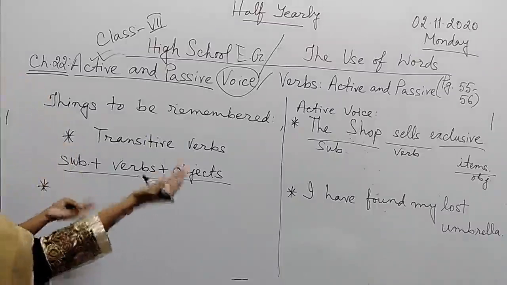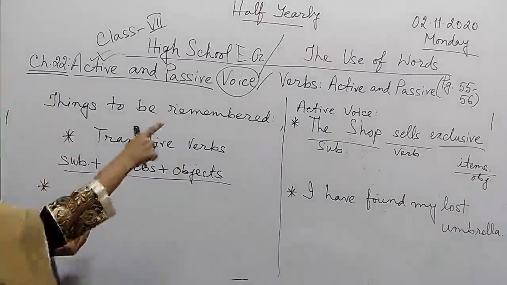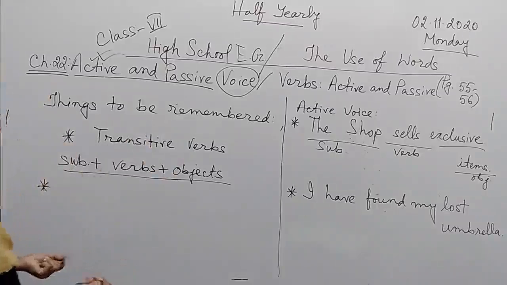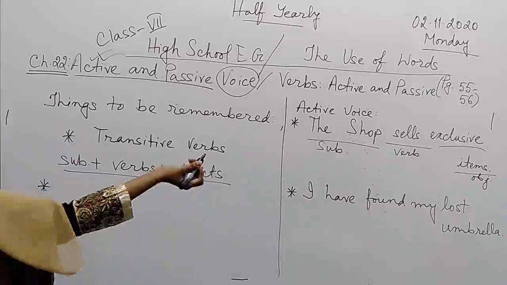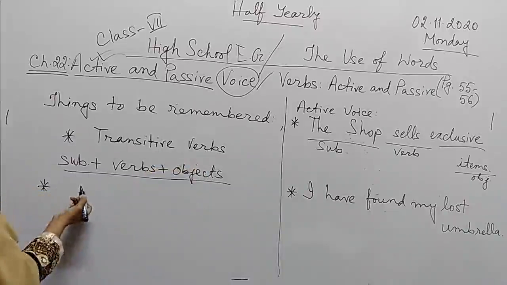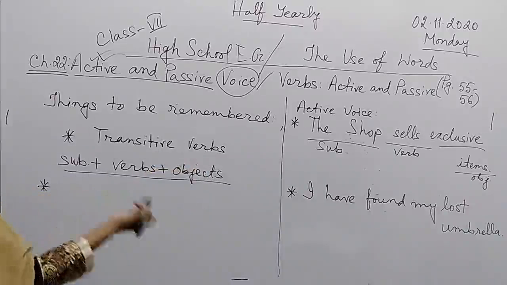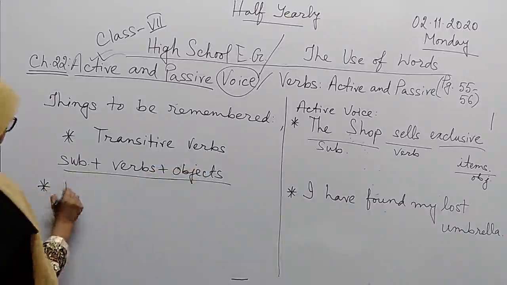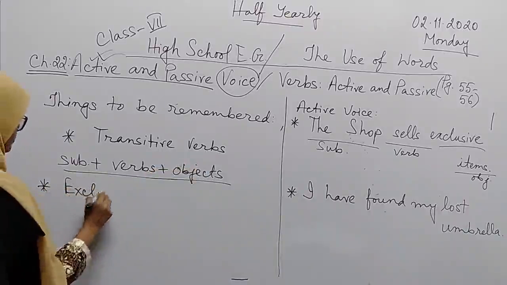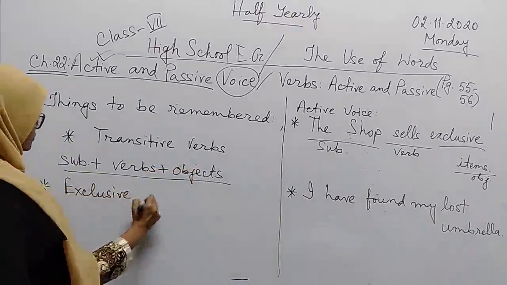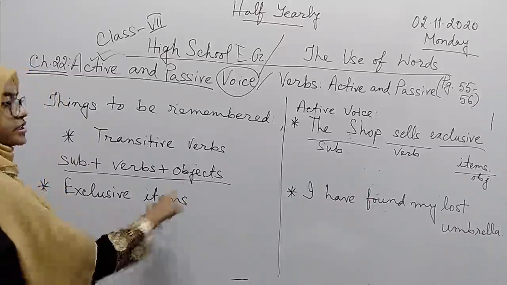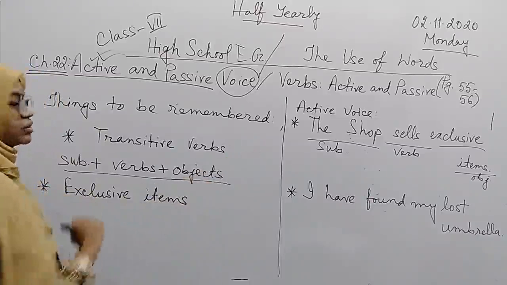In order to transform it from active into passive, we must begin by changing the object and making it the subject. So what we will do is, we have changed the object into the subject.